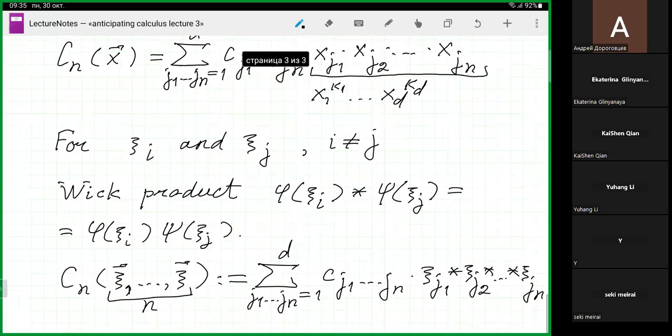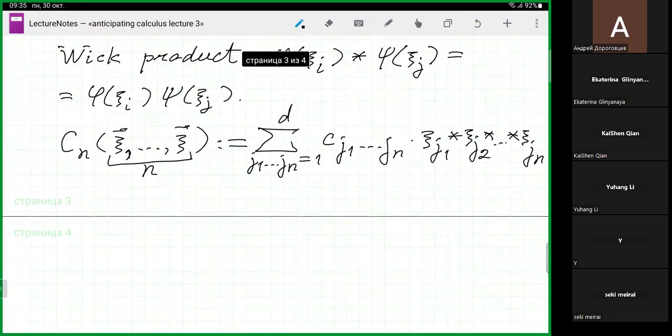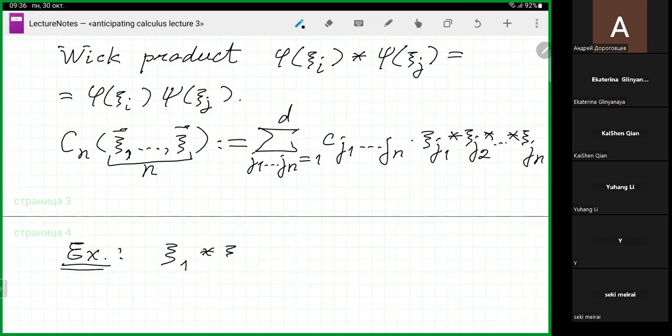So one can see that if we consider some examples, for example psi1, psi2, psi1, and psi3, I just have to unite this one.